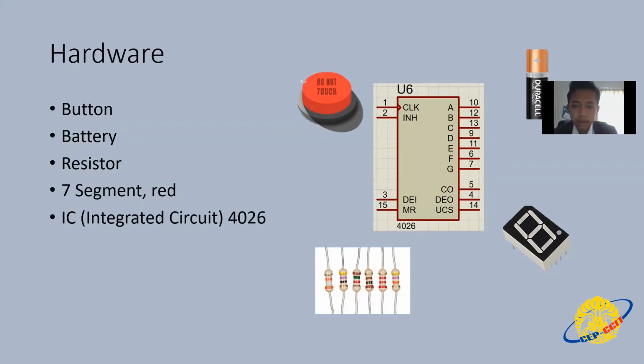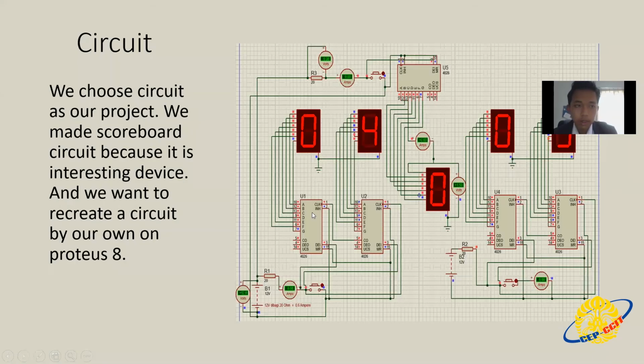Next, this is our circuit. We chose the scoreboard circuit as our project because we think that the scoreboard circuit is pretty interesting and we want to recreate it on Proteus 8.